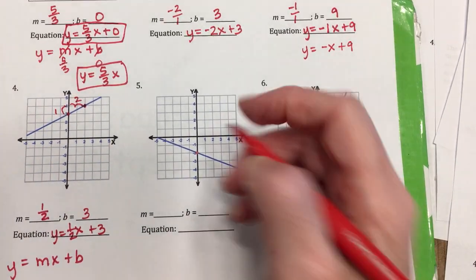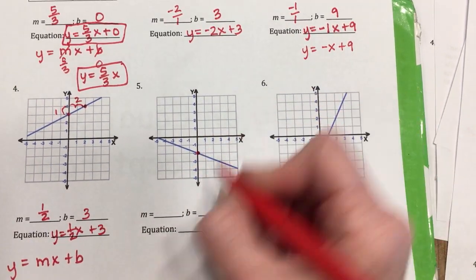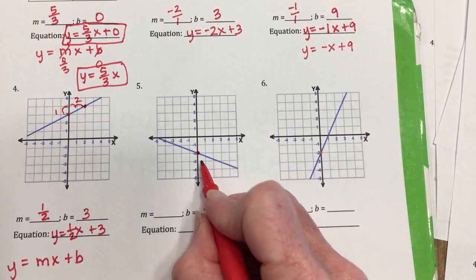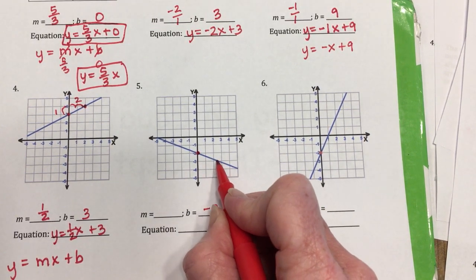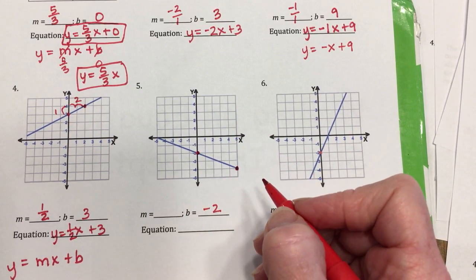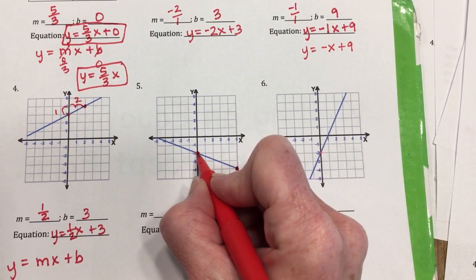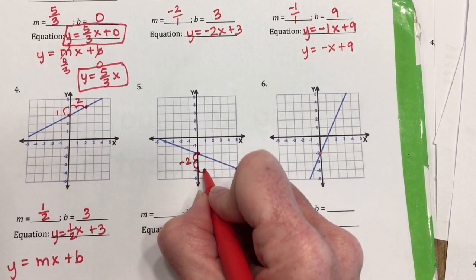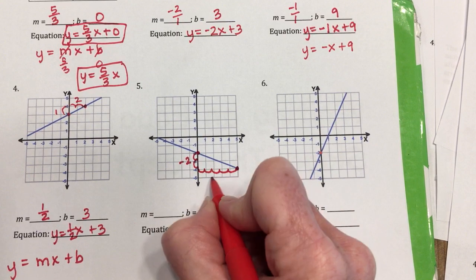Number 2, I'm going to start with my y-intercept. My b is at -2. My slope I need to find. Now this one's kind of hard to read. It kind of looks like it's in the middle there. I can see that it's intersecting the point here, so I'm going to use this point. So this time the slope is going down. So that's a negative change of 2, and it's going over 1, 2, 3, 4, 5 places.